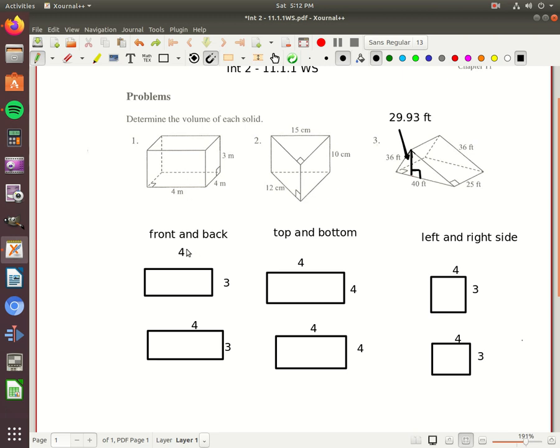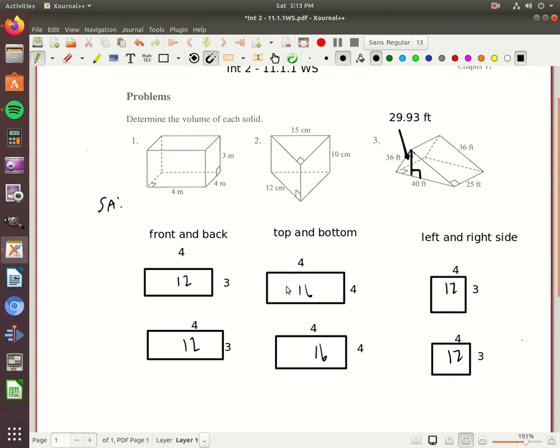And again, like if I wanted to paint it, here it would be 4 times 3. I would need 12 square meters of paint. Here I would also need 12. Here I would need 16, here I would need 16, here I would need 12, and here I would need 12. So I think it's a lot easier to calculate the surface area by actually going through and figuring out how much surface area is on each particular face and then adding them together.